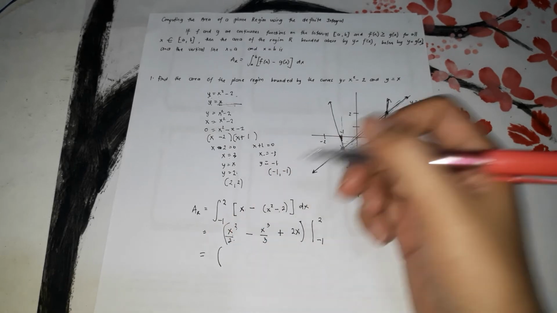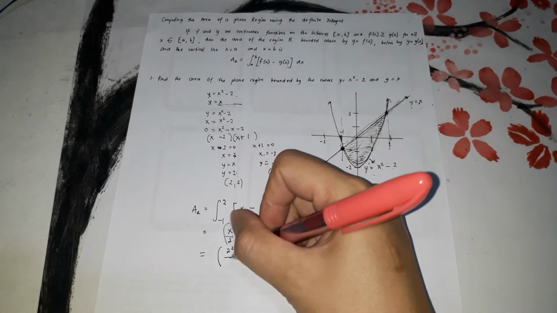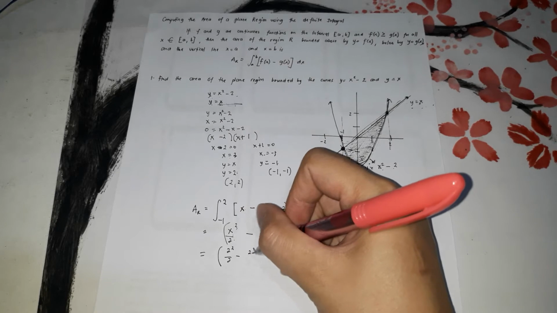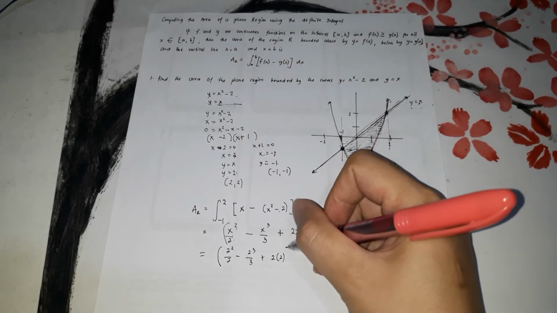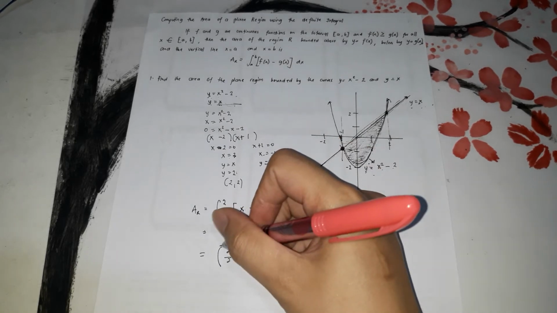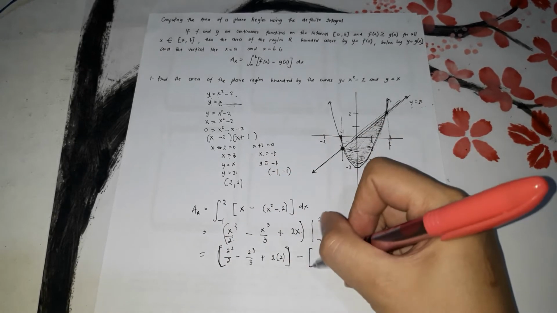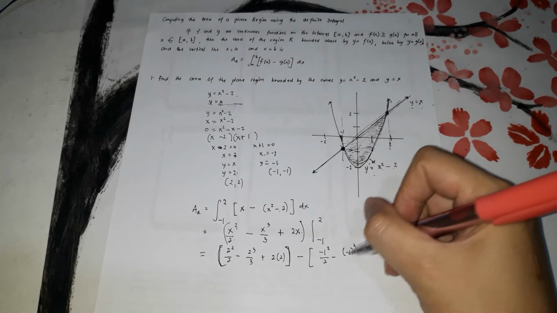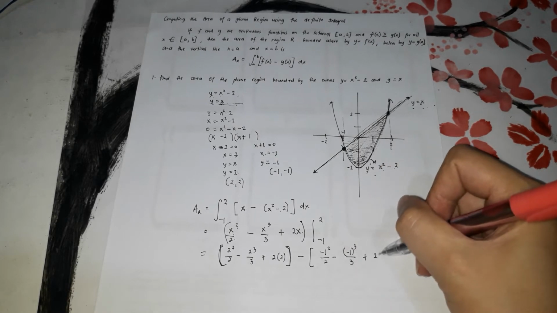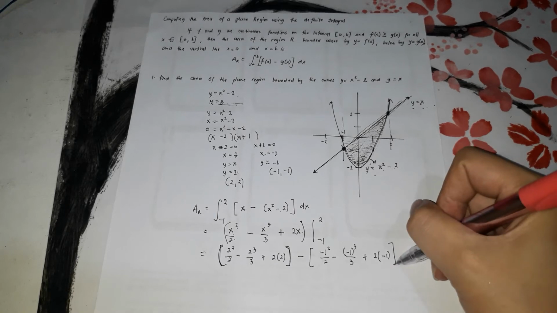First substitute mo yung 2 squared over 2 minus 2 cubed over 3 plus 2 times 2, minus negative 1 squared over 2 minus negative 1 cubed over 3 plus 2 times negative 1.